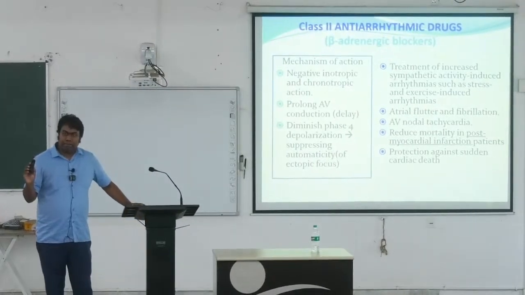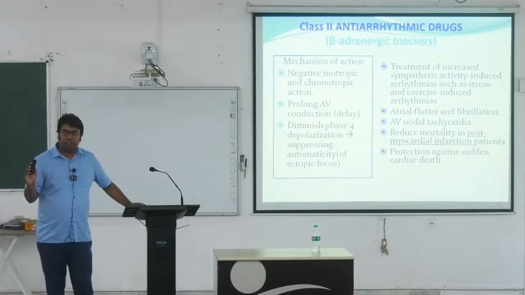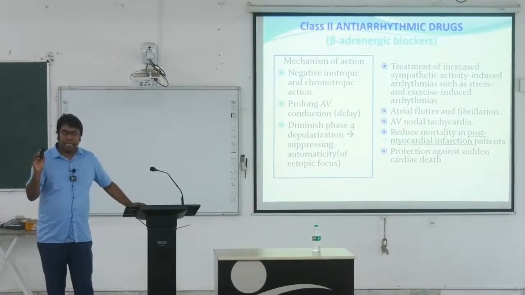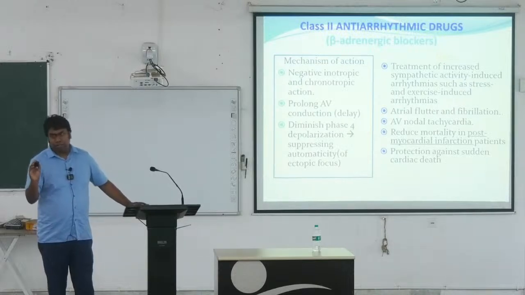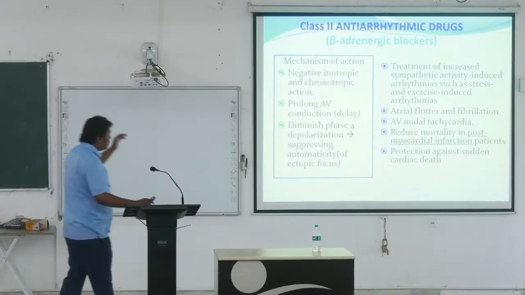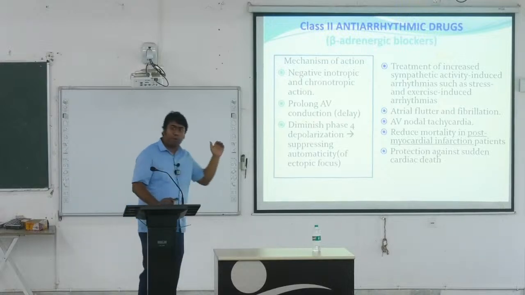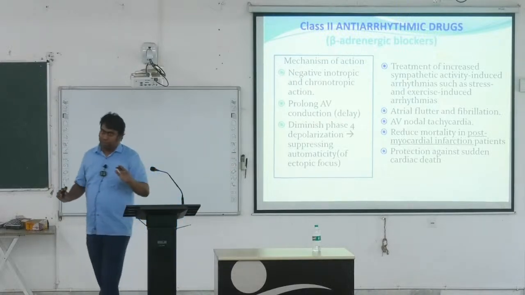বিটা ব্লকার কিভাবে কাজ করে? অ্যান্টিঅ্যারিথমিক, বিটা ব্লকার অ্যাজ অ্যান্টিঅ্যারিথমিক কোন রিসেপ্টর ব্লক করবে? বিটা 1 না বিটা 2? বিটা 1। It blocks the beta 1, reduces inotropic, chronotropic, dromotropic, bathmotropic effects, তাই তো?